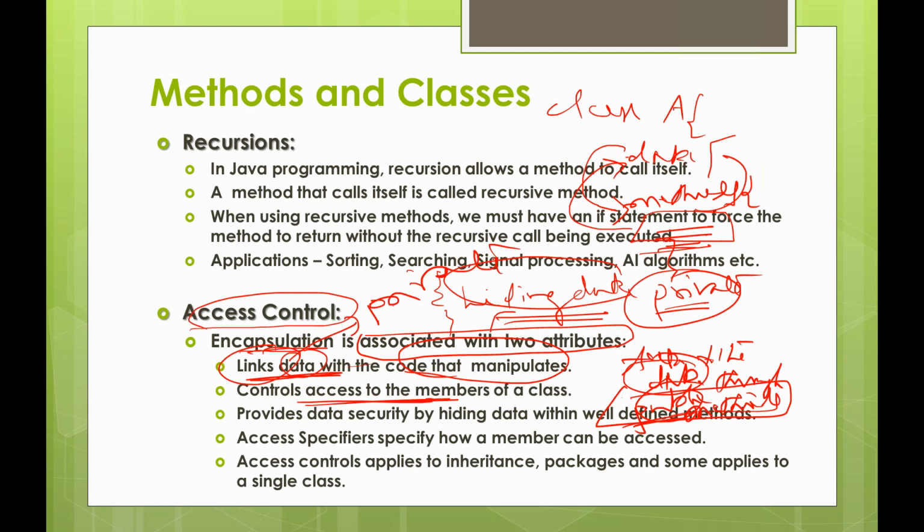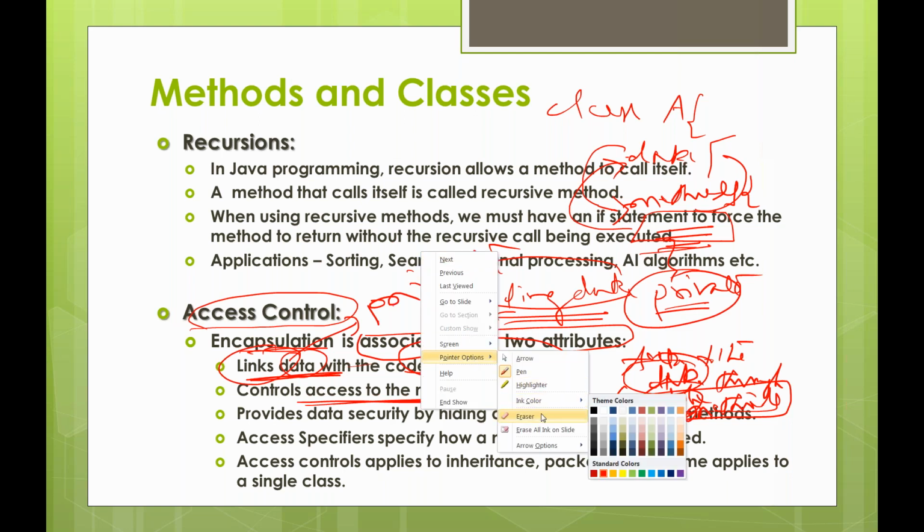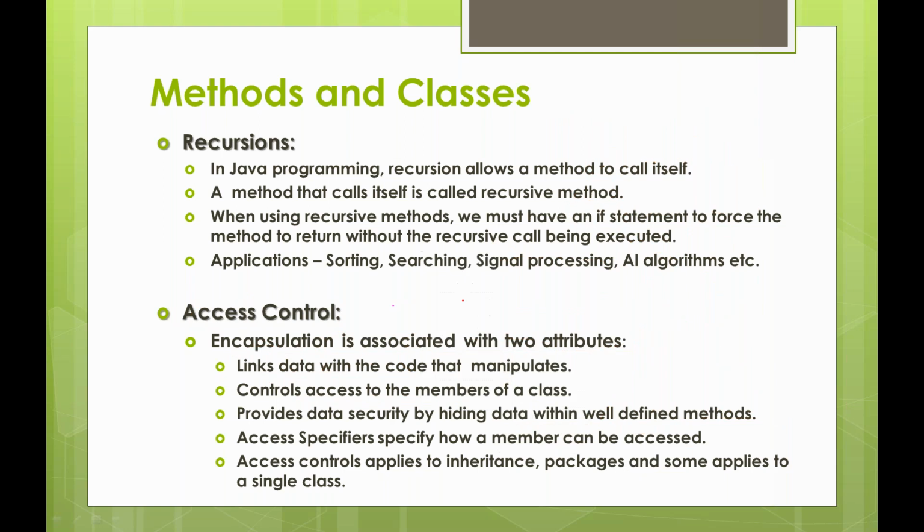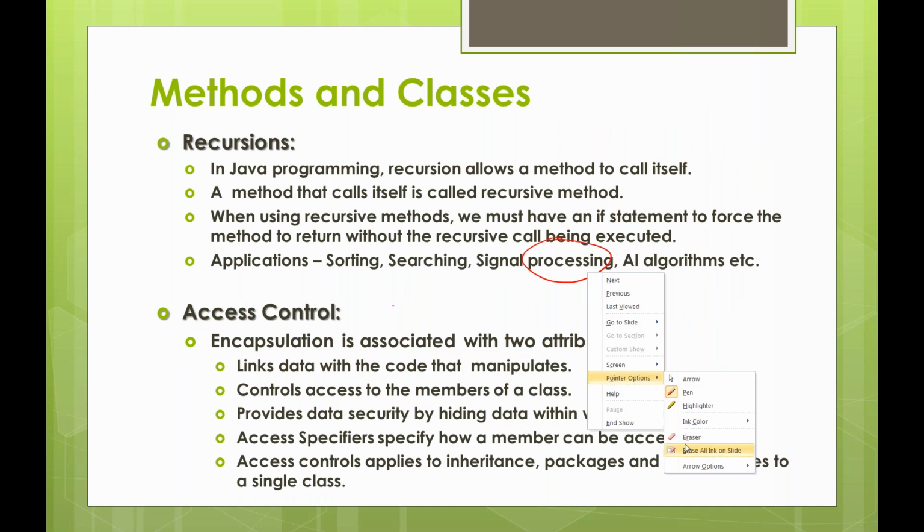That means which members are accessible within this particular class, which members are accessible outside of this class, which members are accessible only to the package where that class exists, or which members are publicly accessible. All those things.